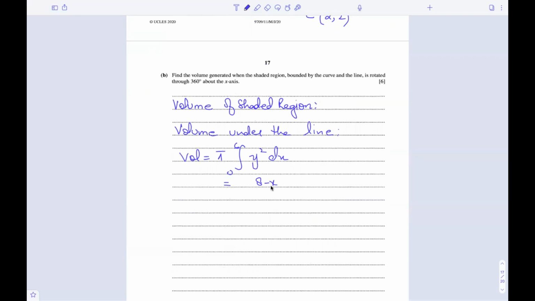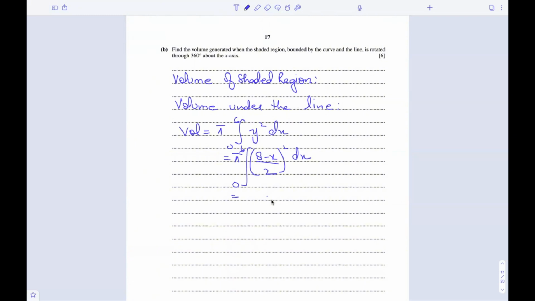So we write pi integral of 8 minus x upon 2 whole squared dx, with limits 6 and 0. So we have 8 minus x whole squared upon 4. Integrating this, we get 8 minus x to the power 3 divided by 4, multiplied by the new power, which is 3, and divided by the derivative of 8 minus x, which is minus 1. So we get 8 minus x whole cube upon minus 12.